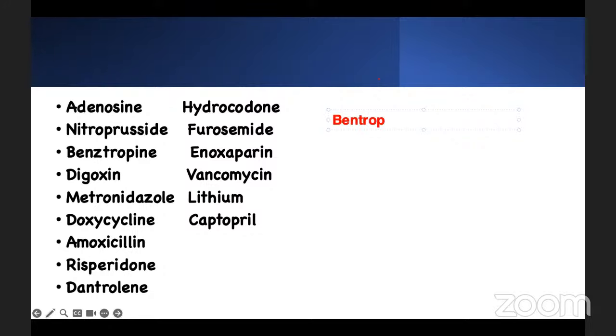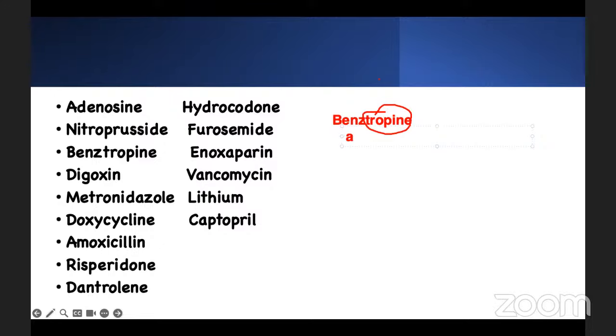Benztropine. What can you say about this drug? Don't memorize it. Look at the last name. Do you know any drug that has tropine attached to it? You know it, right?